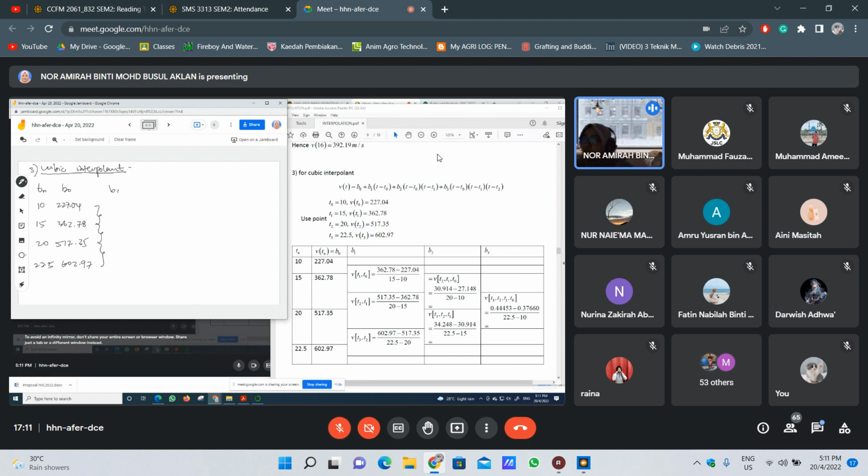So you have to find the V untuk T1 and T naught, and then this one V, T2 and T1. Dekat sini pula V, T3 and T2. So this one lah: T naught, T1, T2 and T3.